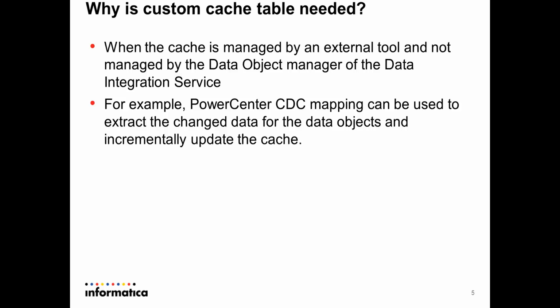And if you decide that you want to use an external tool to manage and refresh the cache table, that is when you would use a custom cache. So now let me take you back to the administration console and show you how you can configure the DIS to choose the custom cache and enable the external tool to pick up that.